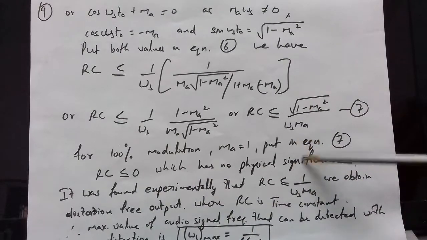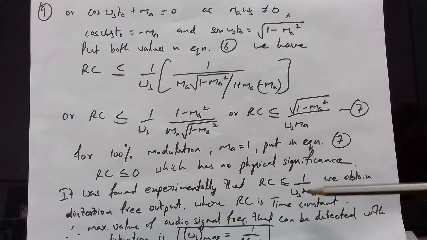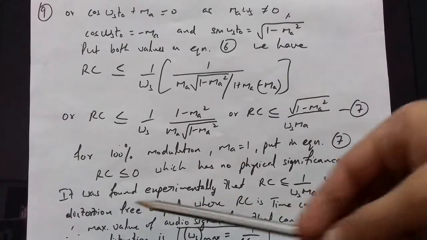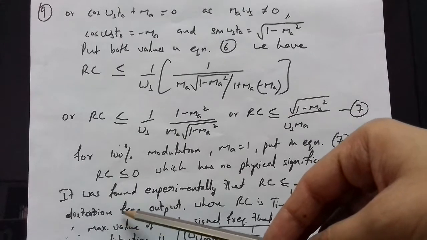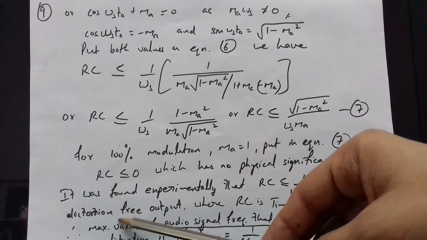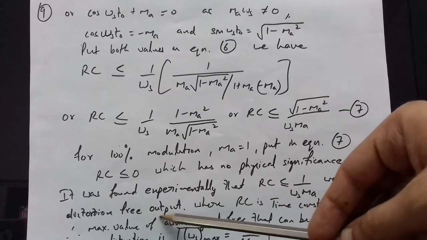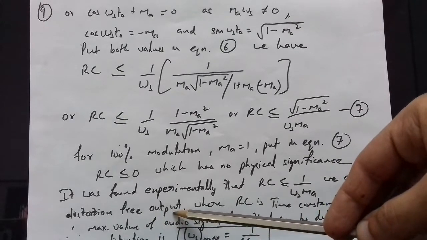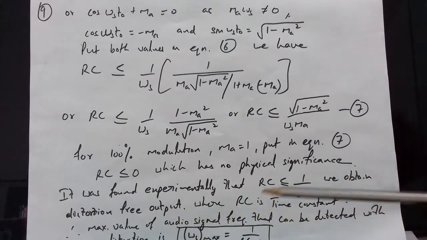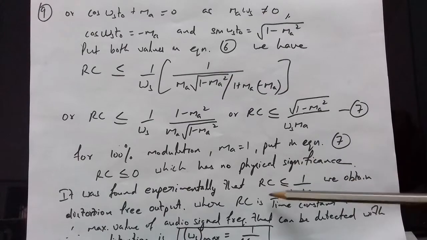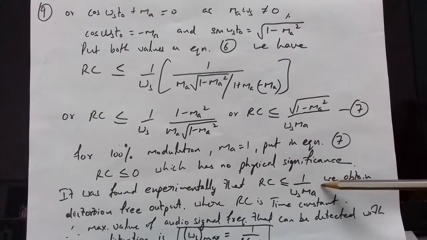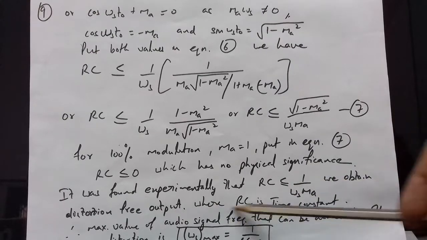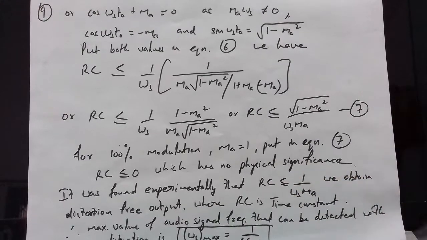So experimentally it was found that if you want a good demodulation network with distortion-free output, the time constant should be less than or equal to 1 over omega s times m_a. So this is all the expression for the demodulating circuit.